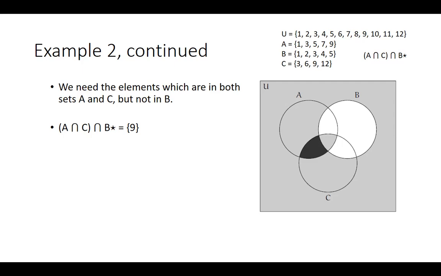Again, you don't have to use the Venn diagrams, but it was a lot easier to make two pictures and see where they overlap, and then find the numbers that are in the area that you want.